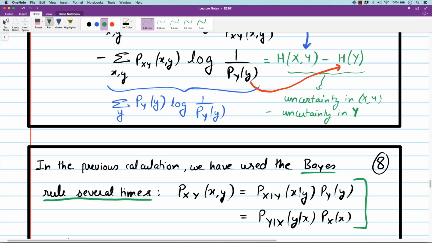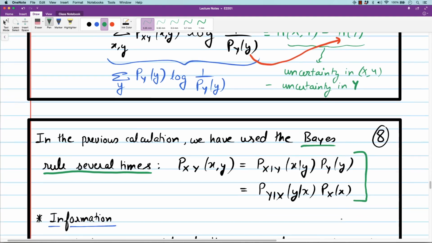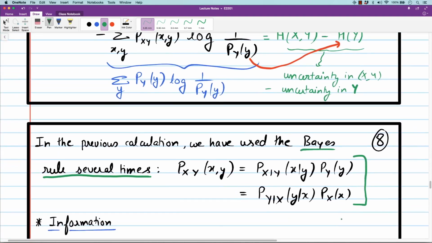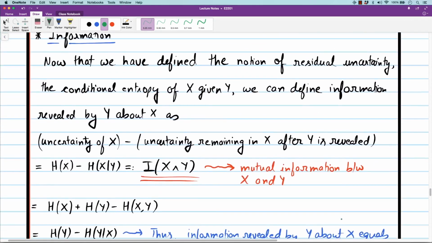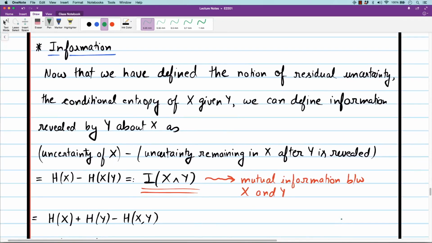So we introduced this conditional entropy and saw two different expressions for it. If you believe my definition of conditional entropy, now you should be able to define information. How much information is revealed about x when you tell me y? This is the residual uncertainty, the remaining uncertainty in x given y.